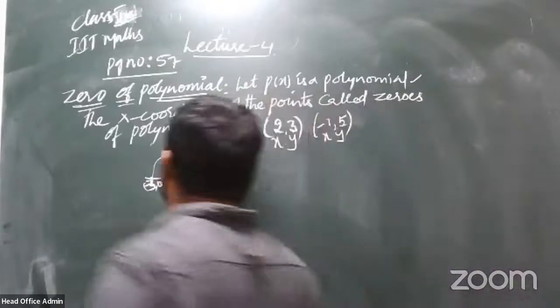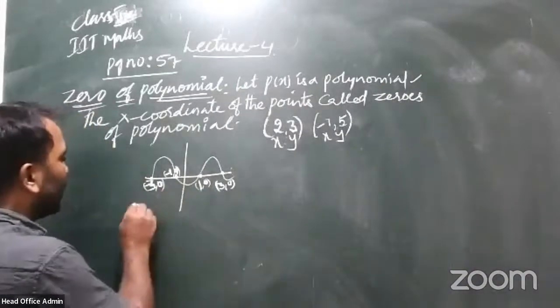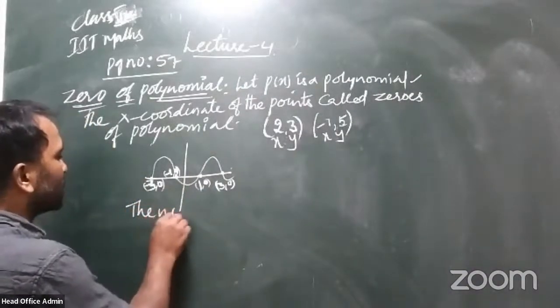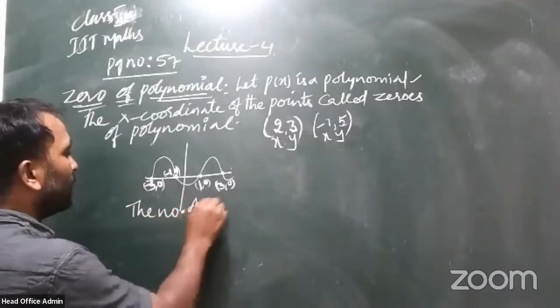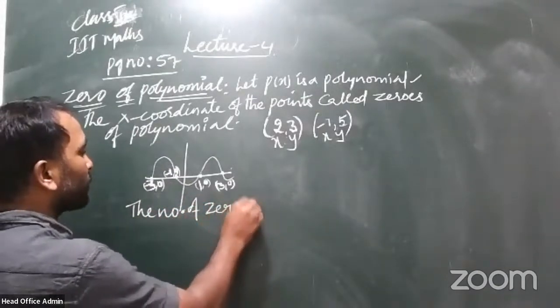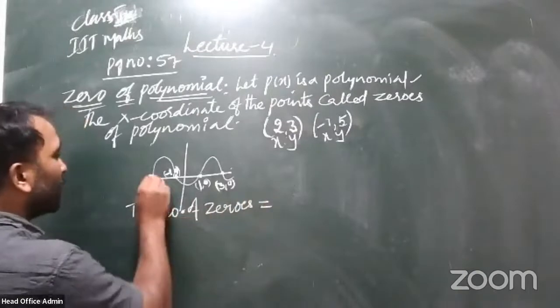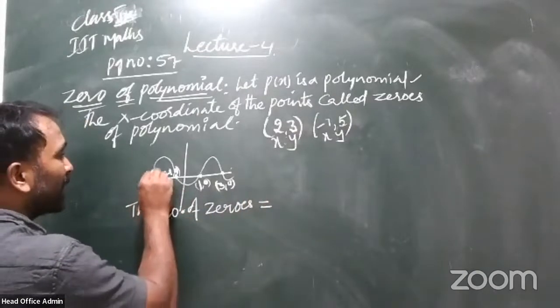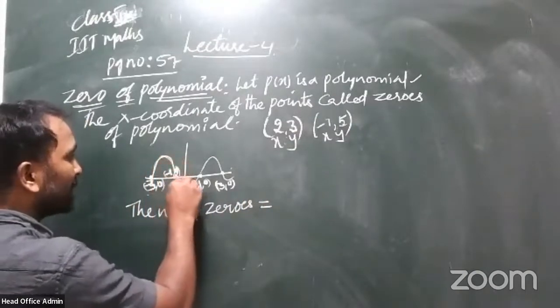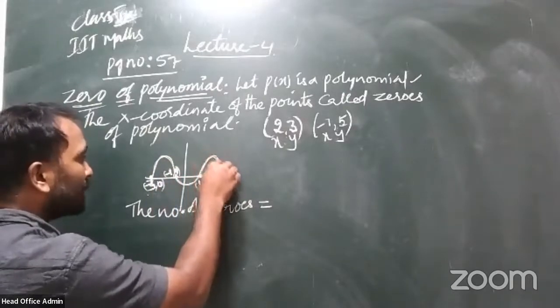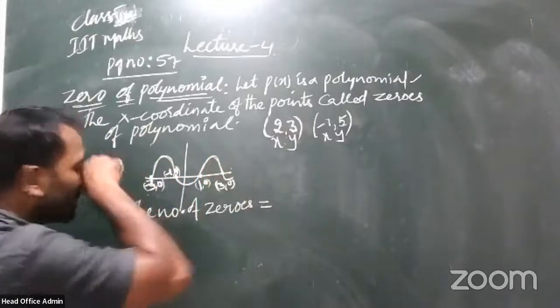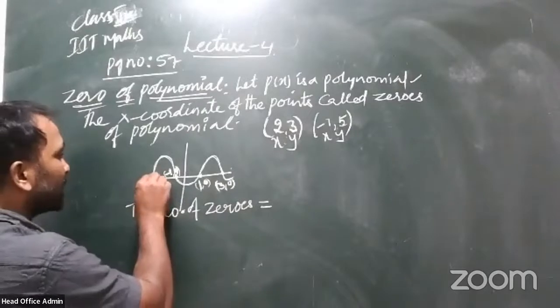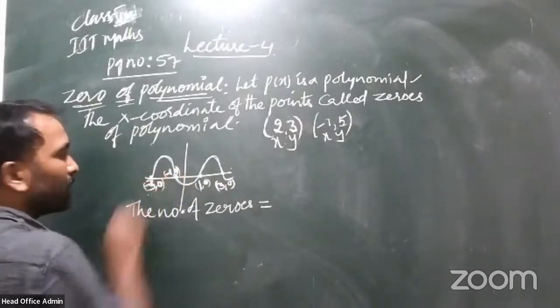Okay, roots or solutions. See here, the number of zeros equals how many? Each touching point, where the curve touches the x-axis, is nothing but a zero. Right? See, here the curve touches the x-axis, here it touches the x-axis, here it touches the x-axis, and again here the curve touches the x-axis.